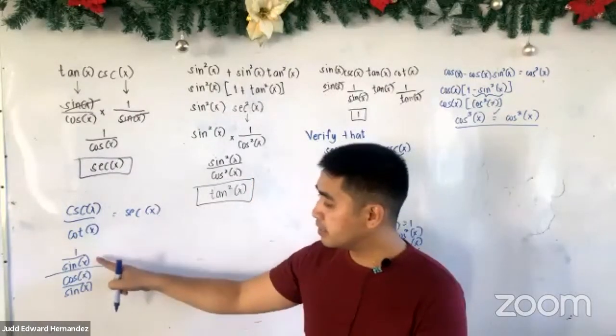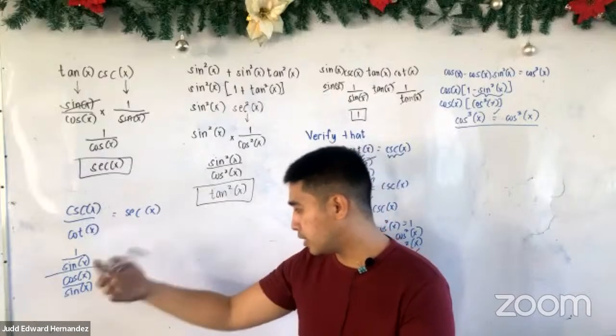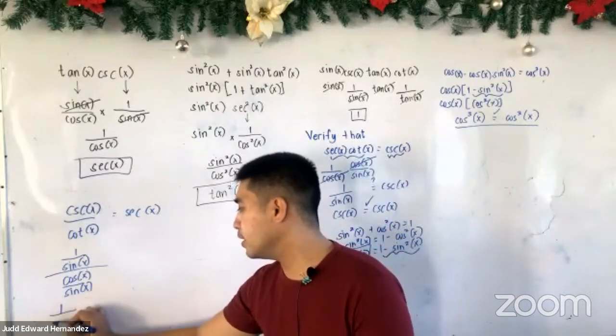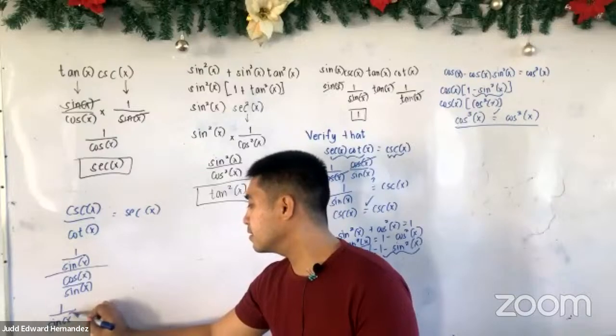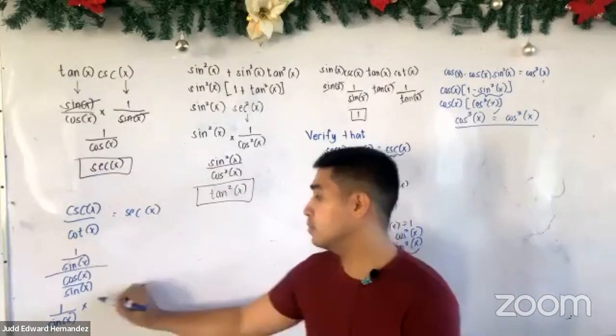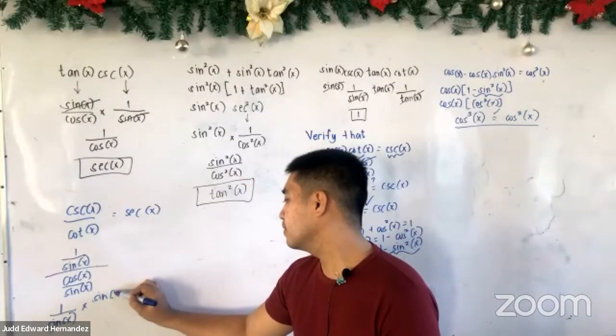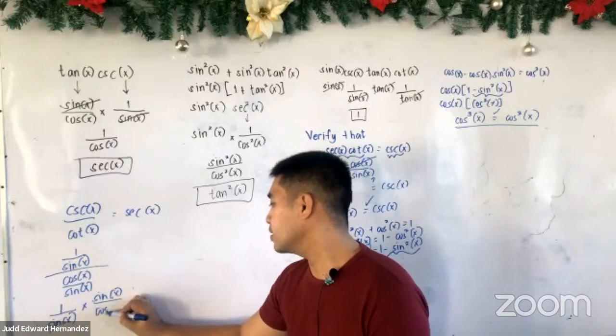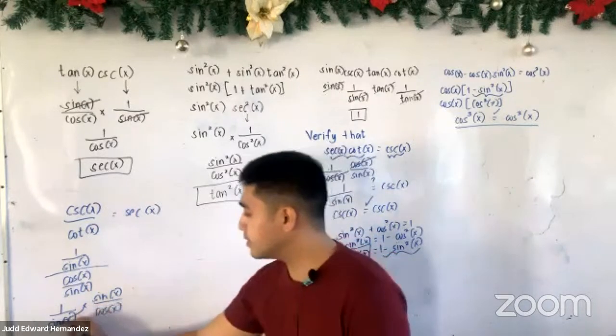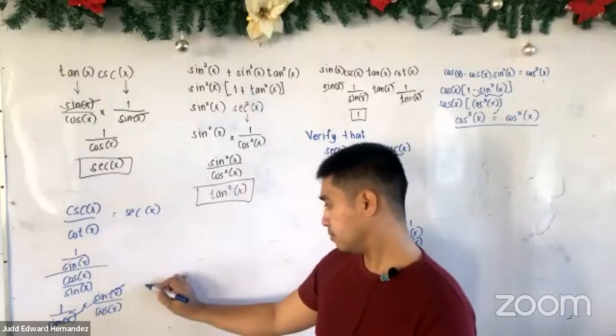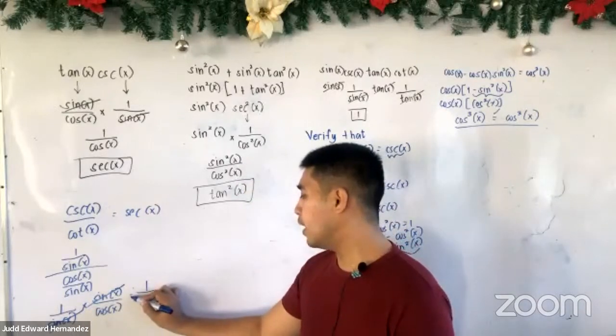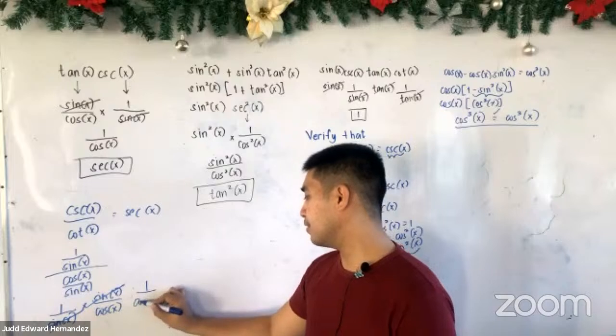And we could say that this is division. Gawin natin siyang multiplication. Therefore, this is 1 over sine of x. Multiply that to sine of x over cosine of x. Cancel sine of x, cancel sine of x. And we're left with 1 over cosine of x.